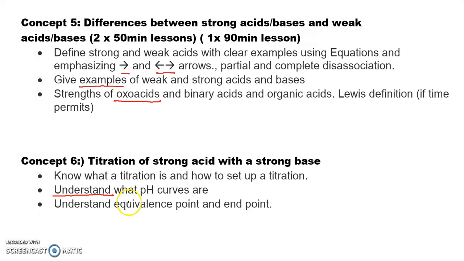The important thing here again when you're doing this, students need to be aware of what the equivalence point is and the term endpoint. Equivalence means that there are equal moles of acid and base. The endpoint is just beyond the equivalence point when you've added a sufficient amount, so it's no longer exactly equivalent, but it tells you there's a color change. If you use an indicator, that change has completely taken place.